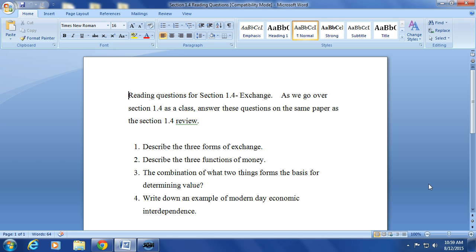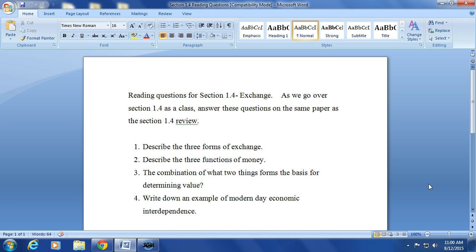So as mankind progressed, it went ahead and developed the next form of exchange, which is called money. And money, as you can see on page 15, is any item that is readily accepted by people in return for goods and services. And we're going to talk about the functions of money in just a little bit. But money is that second form of exchange.